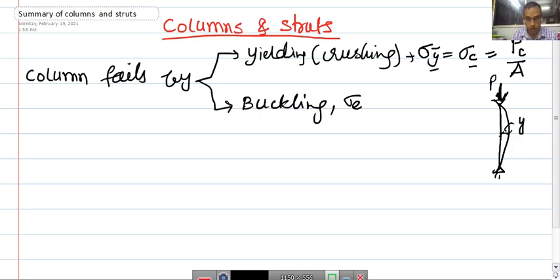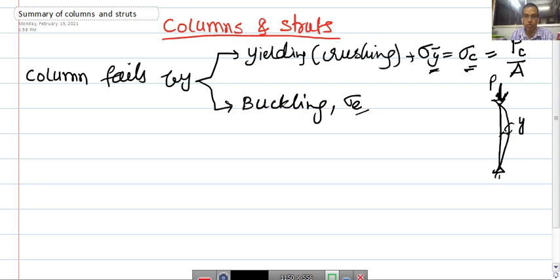Now, the load may not cause yielding or crushing, but it may cause buckling. So, what is the capacity of the column just before it is going to buckle? I am stressing the words just before. Once it buckles, it is going to collapse.